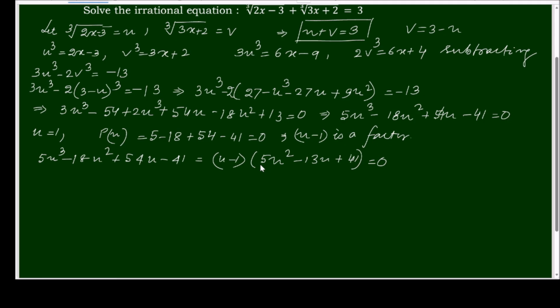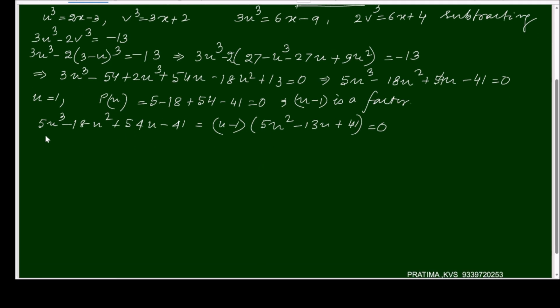You will see the second factor, 5u square minus 13u plus 41, has no real solution. Then we have only one solution, that is u equals 1.